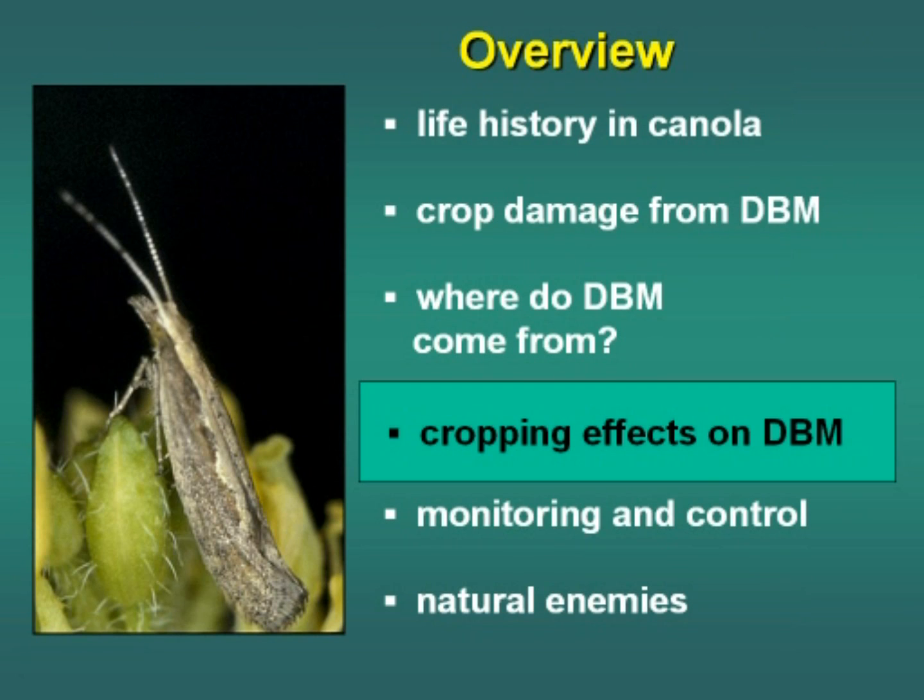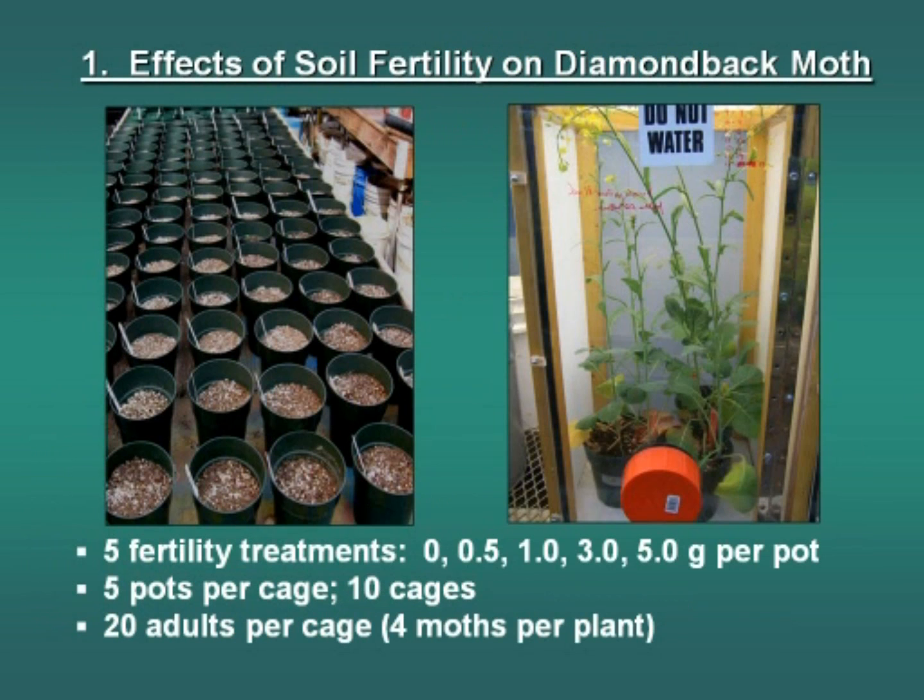There are some effects of agricultural practices on diamondback moth, and I'd like to spend some time going through some of those results next. One of the students who worked in my lab here at the University of Alberta did some fascinating studies on the effects of soil fertility on diamondback moth.